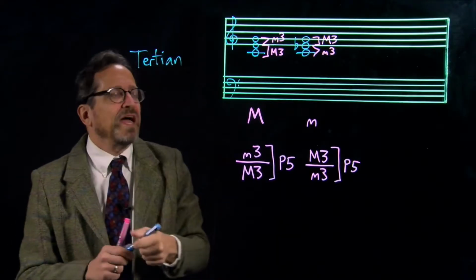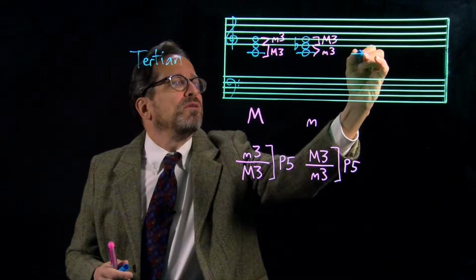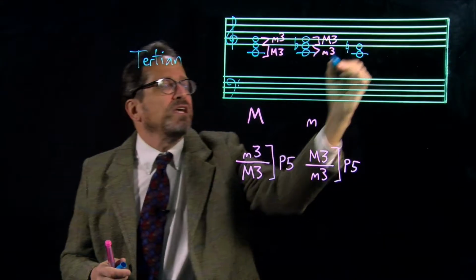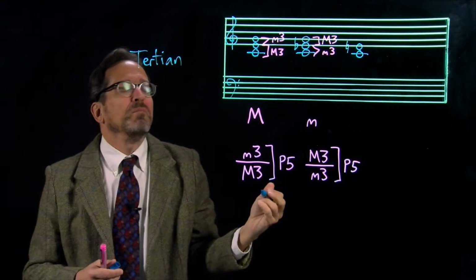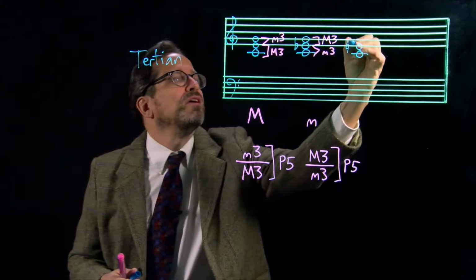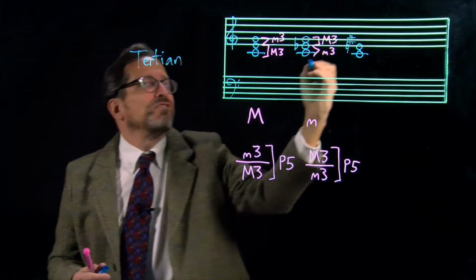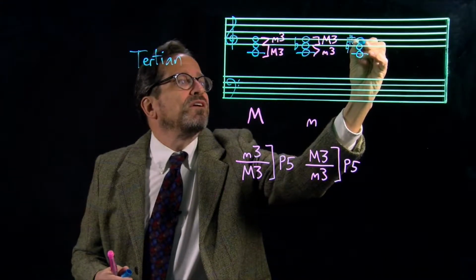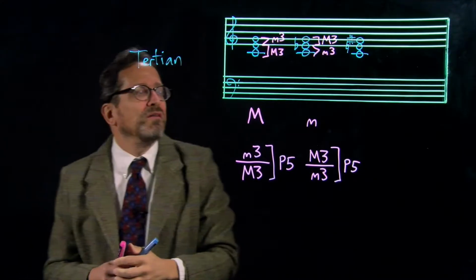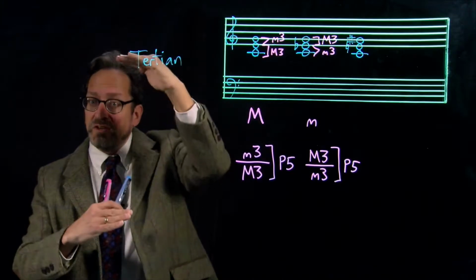If we stack 2 major thirds, I've got my C and my E, but now I'm going to take that G and I'm going to raise it. You might remember from the interval funhouse, covered in one of the other videos and also in Chapter 2 of the textbook, that raising the upper note makes the interval larger.